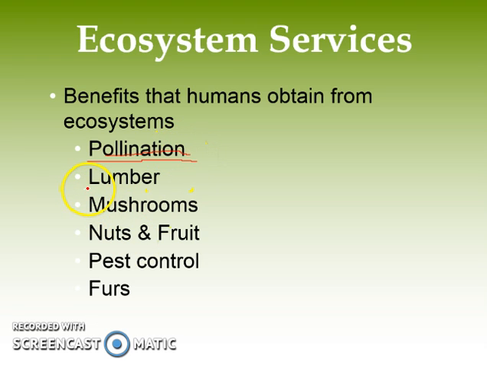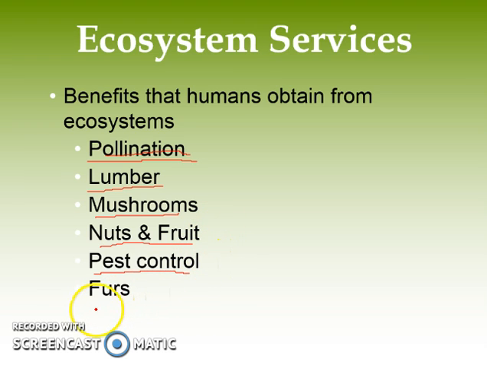Lumber, we get lots of trees. Nature will grow us trees quite well for us. If you go out in nature and collect mushrooms, that would be one. Nuts and fruits from trees out in the wild. Pest control. Mosquito fish actually eat mosquito larvae, and they help with pest control. A lot of organisms eat other organisms. Ladybugs eat aphids.